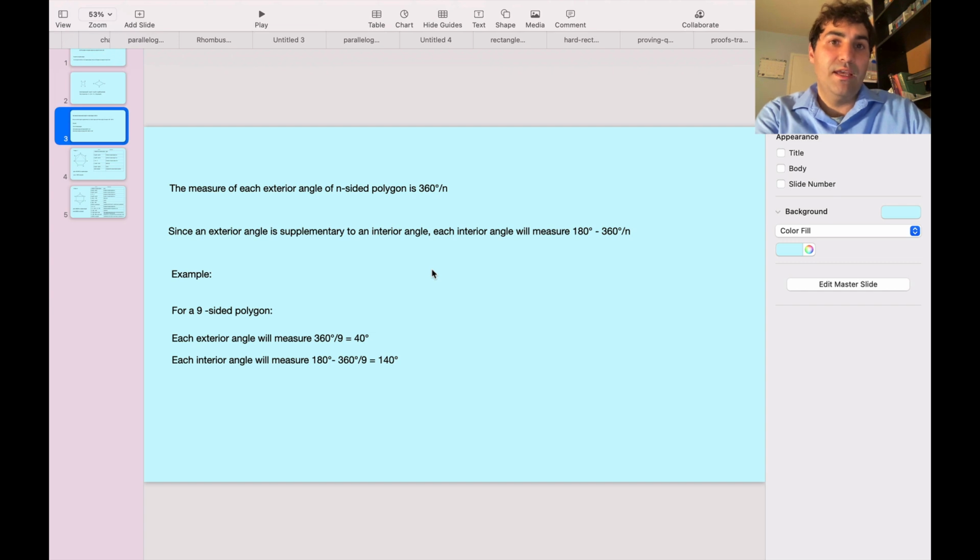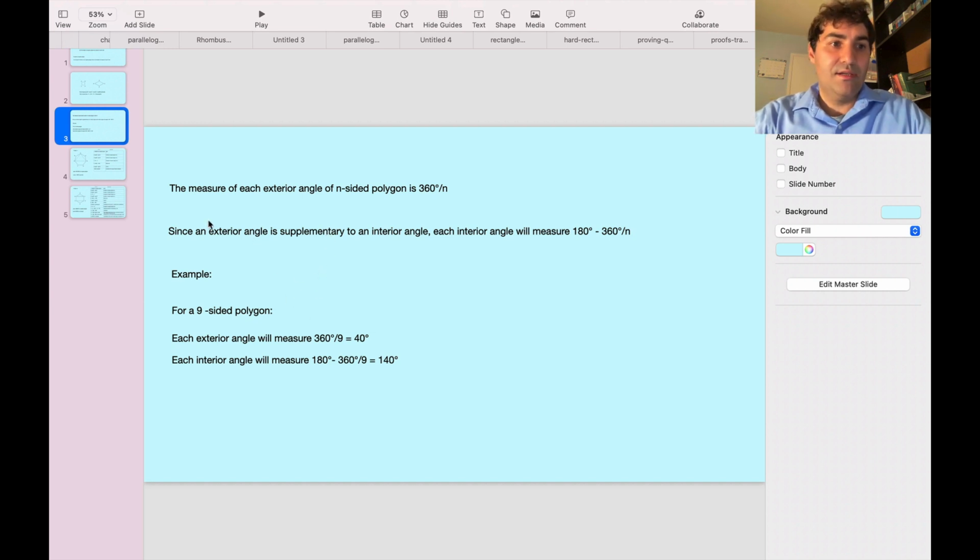So, for example, for a 9-sided polygon, each exterior angle will measure 360 degrees divided by 9, or 40 degrees, and each interior angle will measure 180 degrees minus 360 degrees divided by 9. If you work this out, you get 140 degrees. If you'd like to review exterior angles, I did a more thorough and comprehensive explanation in my last video, so check out my last video, which is pretty short.